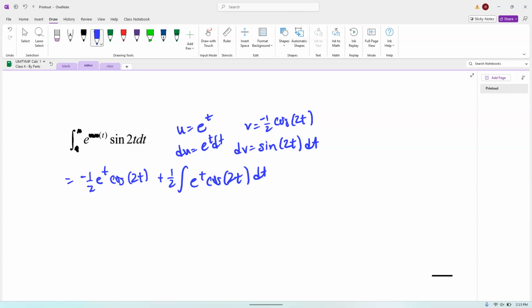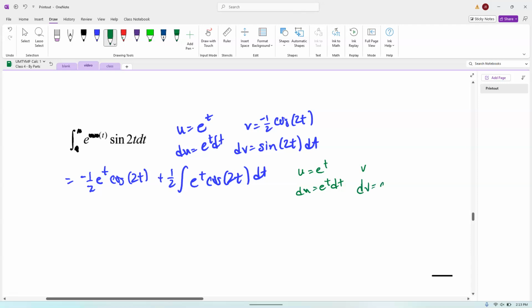Well, that doesn't integrate nicely, but I can do integration by parts again on it. So then here I would do u would equal e to the t, du is e to the t dt, and then dv would be cosine of 2t dt. That makes v 1/2 sine of 2t.